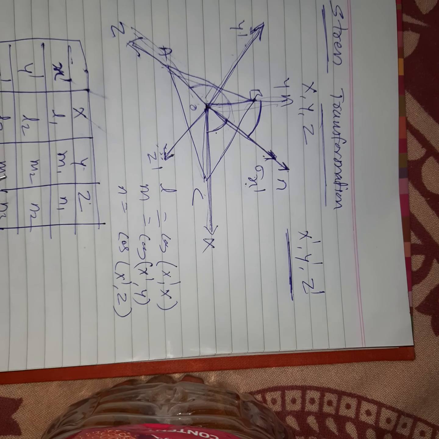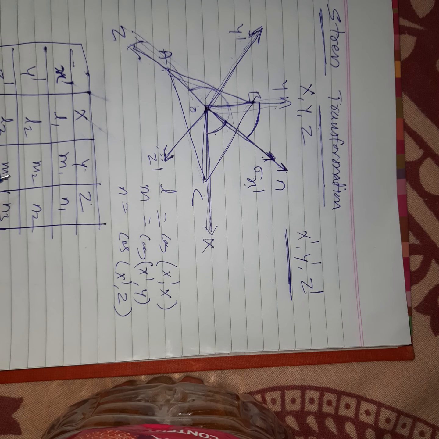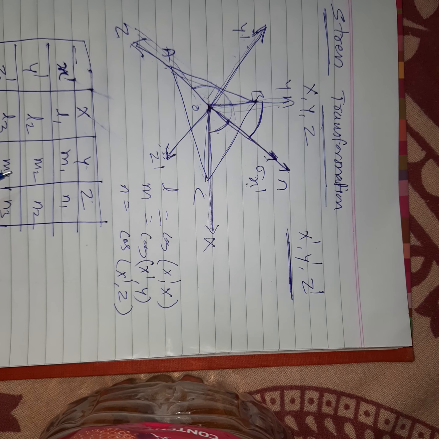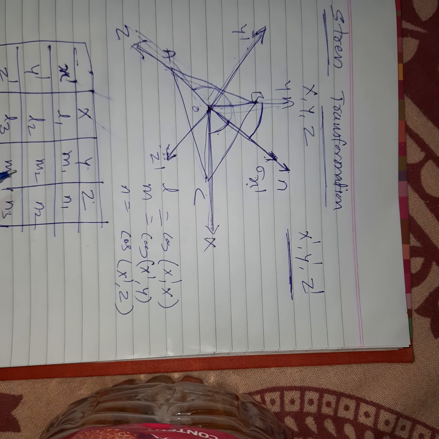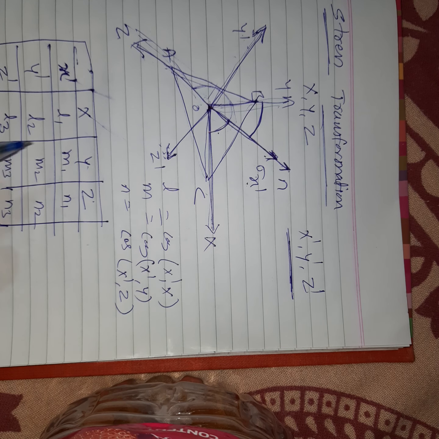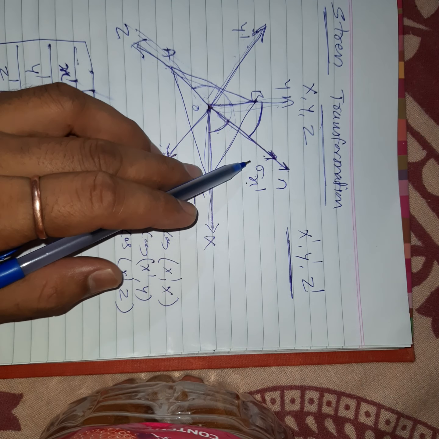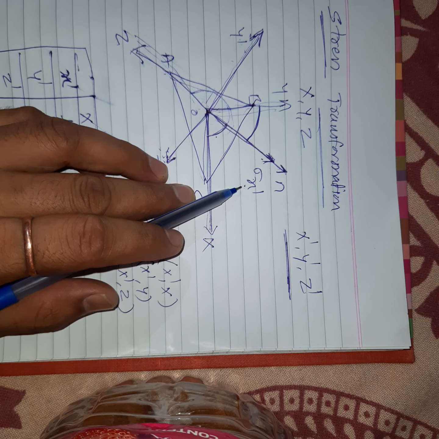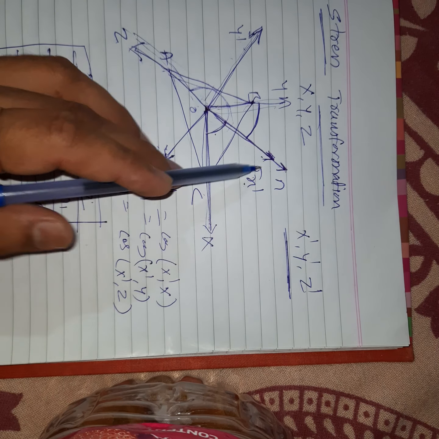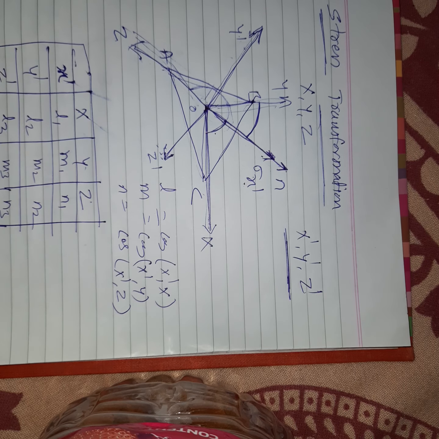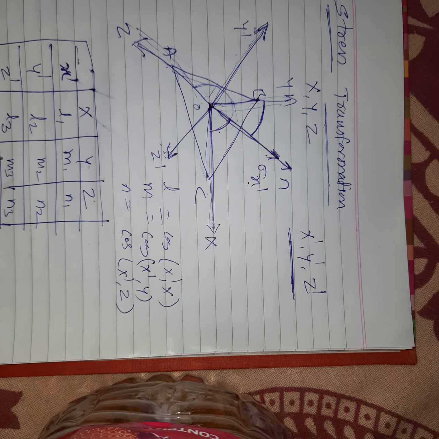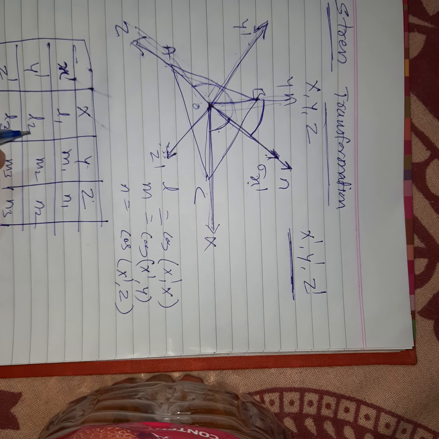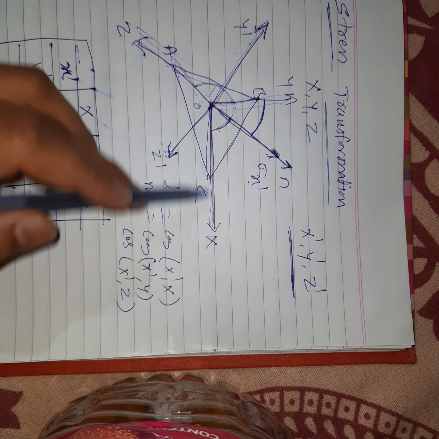So if I have to calculate the new stress distribution or new stress components with respect to this oblique plane x dash, I have to calculate the new direction cosines with respect to this x dash, y dash and z dash. These are the new oblique planes which are not with respect to this x, y, z.